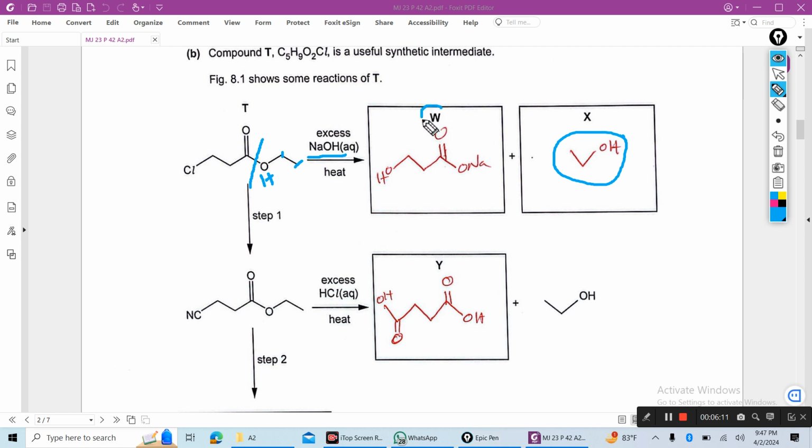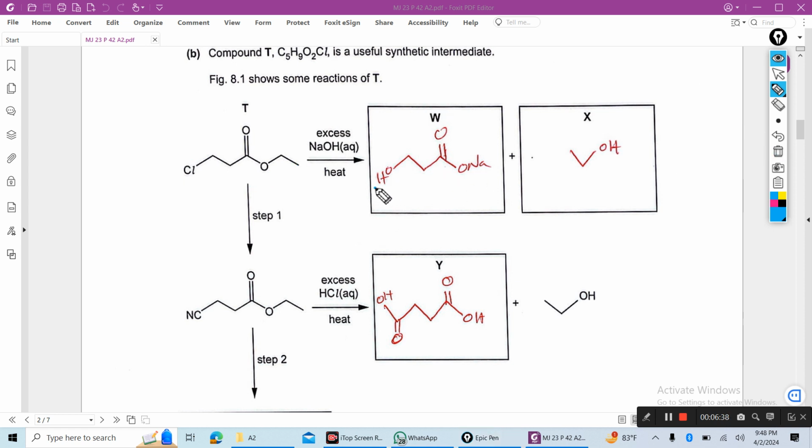Now W is the sodium salt of a carboxylic acid. So carbon-oxygen double bond, and here ONa, the sodium salt of a carboxylic acid, and as there is excess sodium hydroxide, this chlorine atom will also be substituted by hydroxide ion.